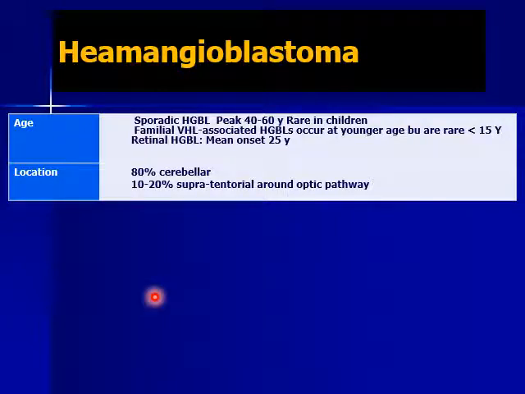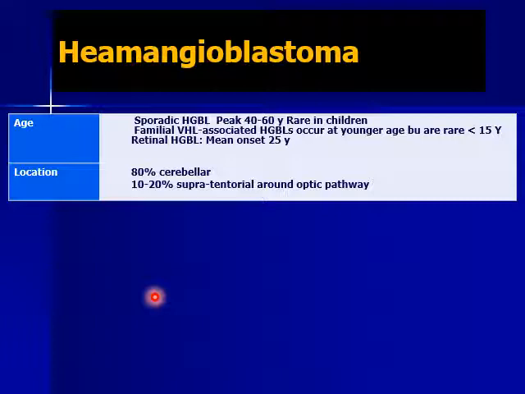Hemangioblastoma. Hemangioblastoma can be seen as sporadic or familial or syndromic, familial syndromic in von Hippel-Lindau syndrome. Sporadic hemangioblastomas occur in the elderly, 40 to 60 years old, but the familial type, which occurs within von Hippel-Lindau syndrome, can be seen at a young age.